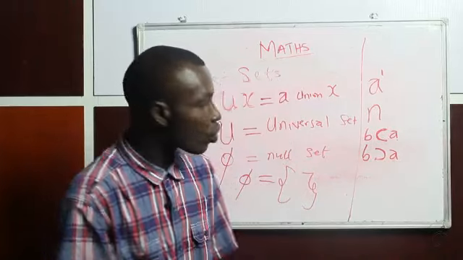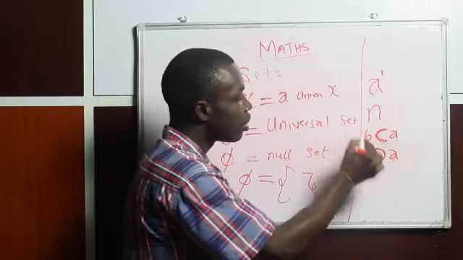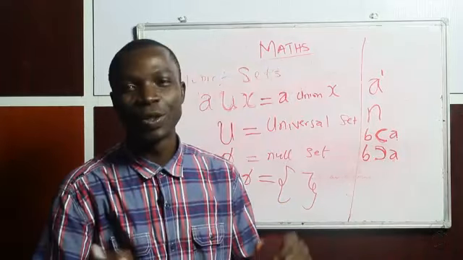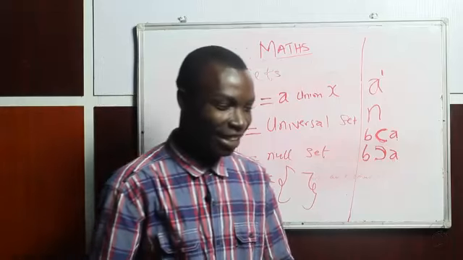Please don't make mistakes. When you have something like this, it means subset. When you have something like this, it means superset. That's the meaning.